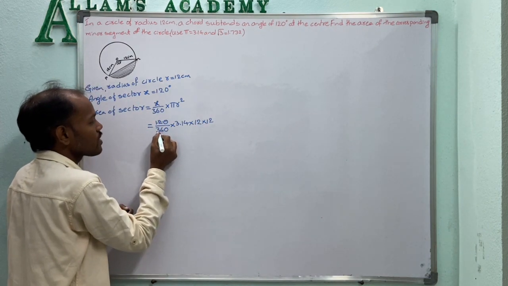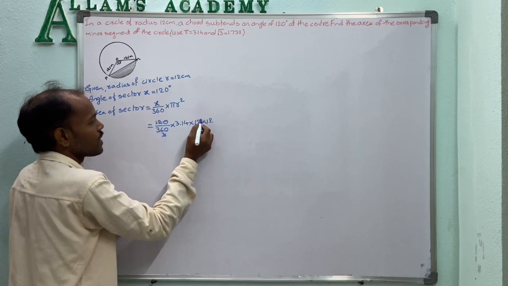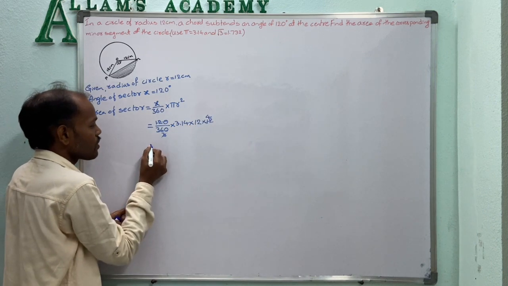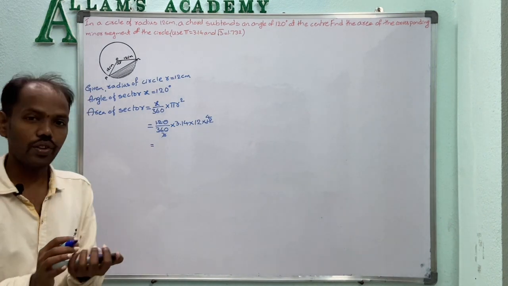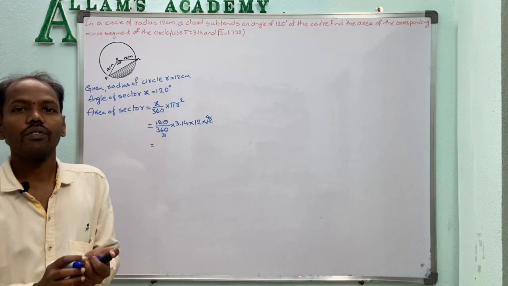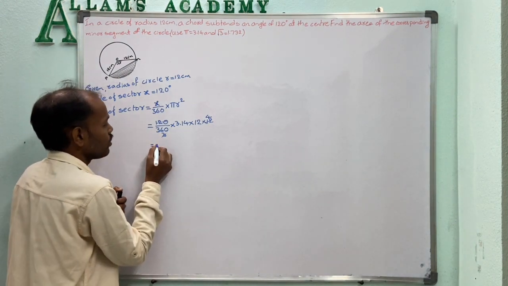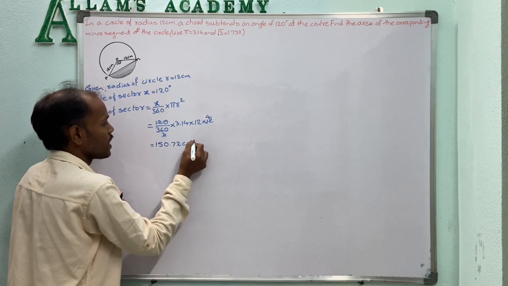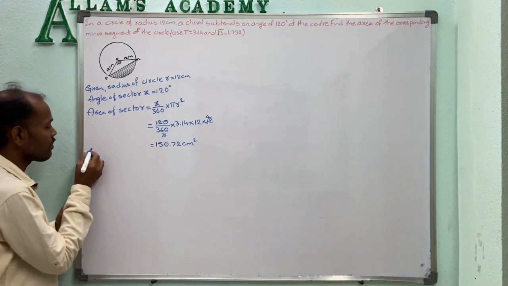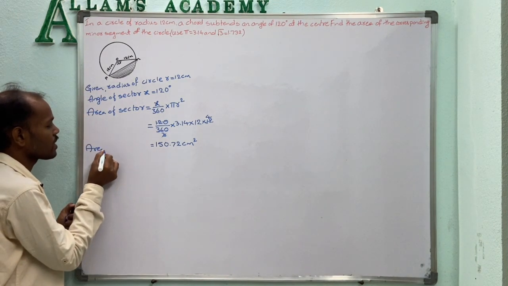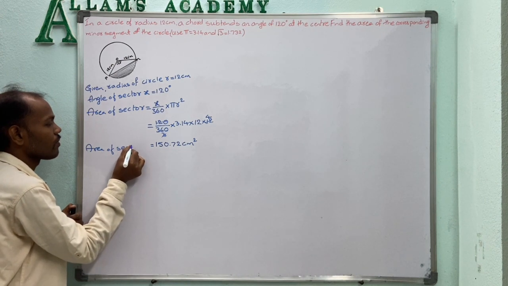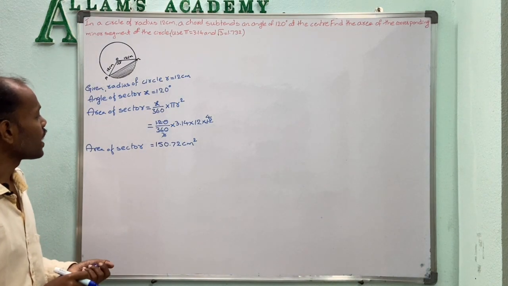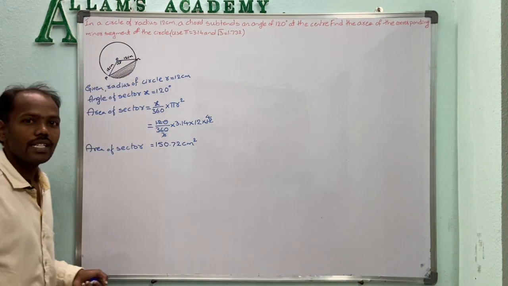Cancelling, 3.14 into 12 into 4 is nothing but 150.72 centimeter square. So the area of the sector is 150.72 centimeter square. Next we want to find the area of the triangle.